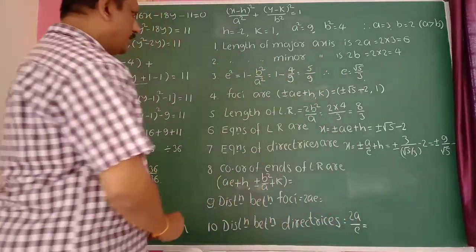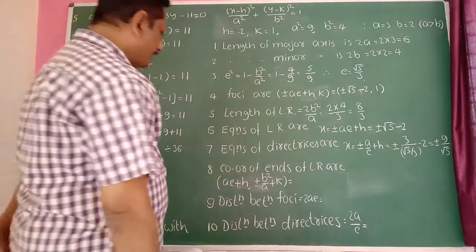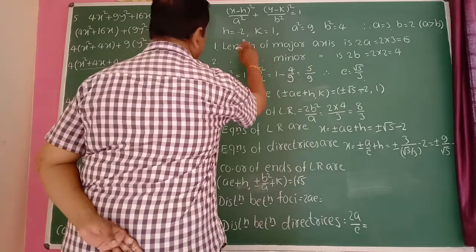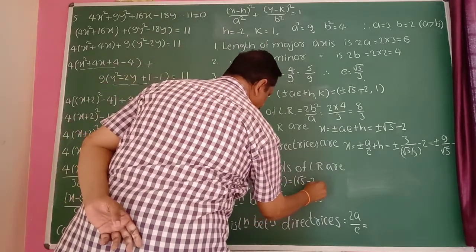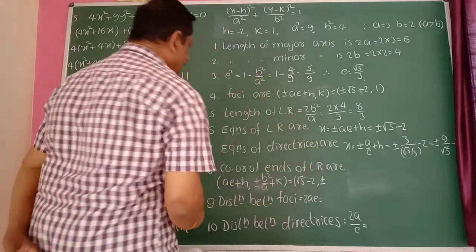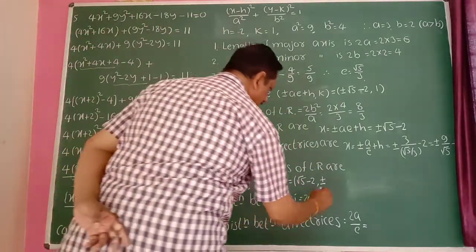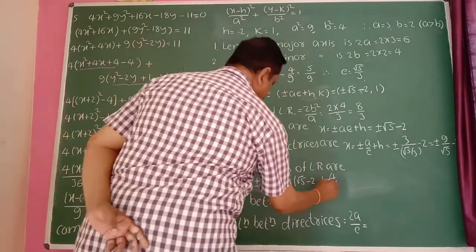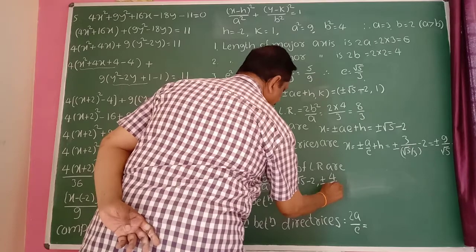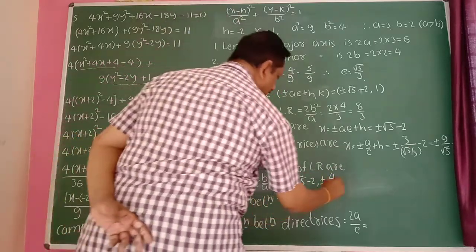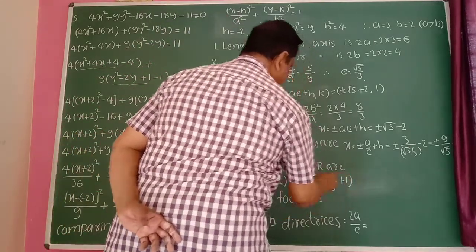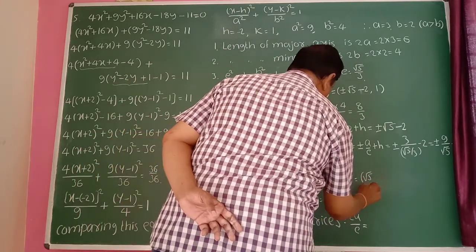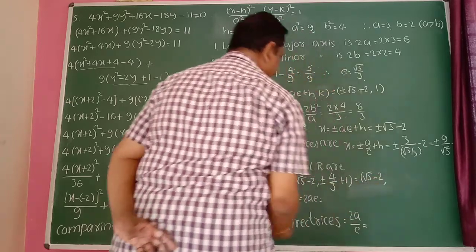Again a into e is root 5, the h value is minus 2, comma plus or minus b square, which is 4, divided by the a value 3, and the k value is plus 1. Therefore this is equal to root 5 minus 2.